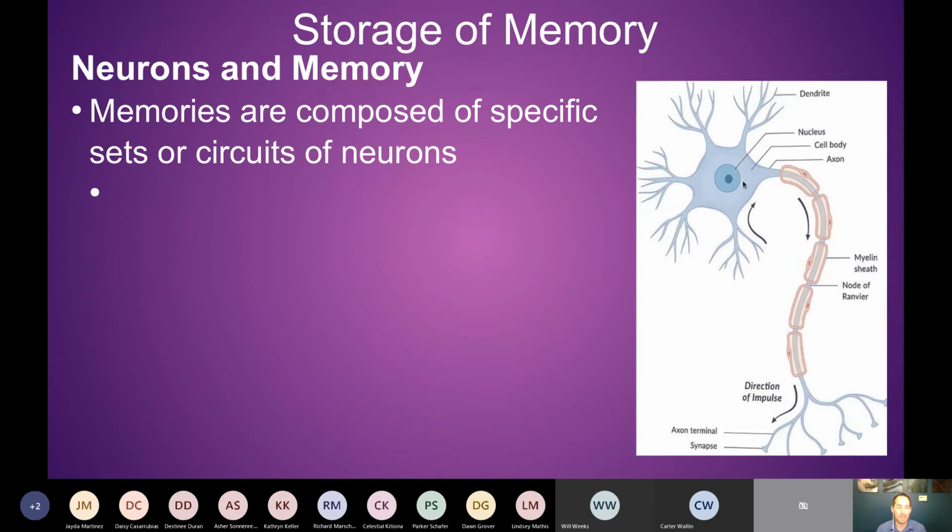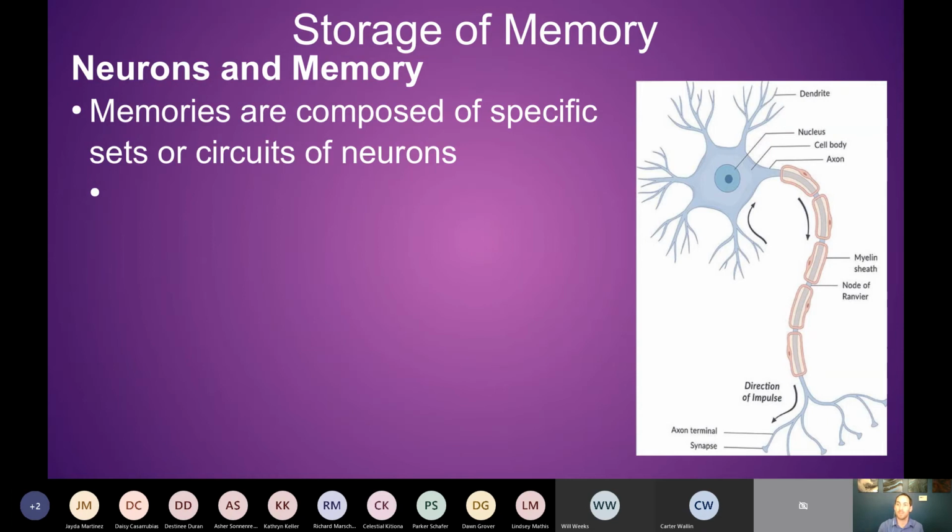Essentially, memory is whole networks or circuits of neurons working together, kind of, not exactly, to repeat the same neuron activity that was happening when a memory happened. So if we're talking about remembering a first kiss or remembering learning how to drive, a lot of the neurons that were active during that time are going to be reactivated as we're remembering that thing.